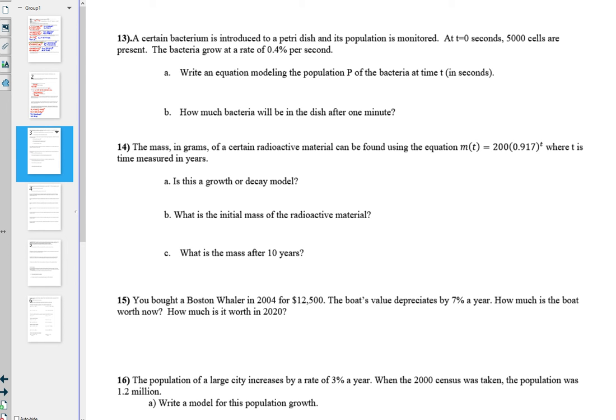Write an equation modeling the population at time t. So, population at time t is equal to, what's the original amount? 5,000.